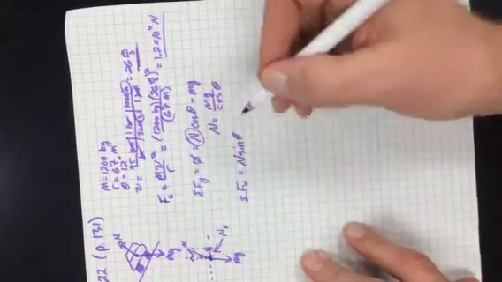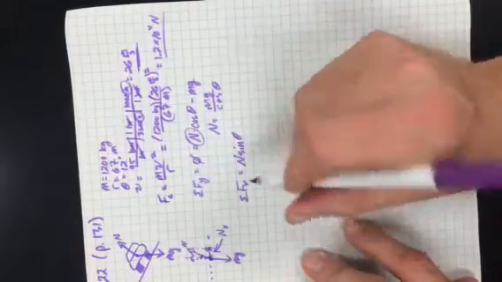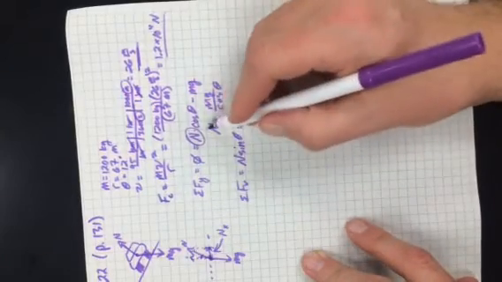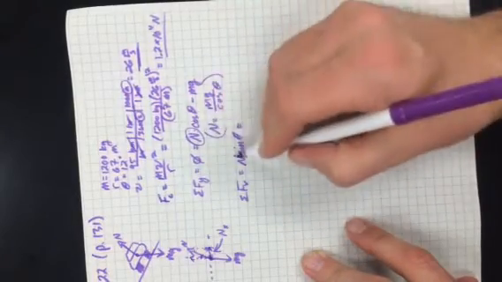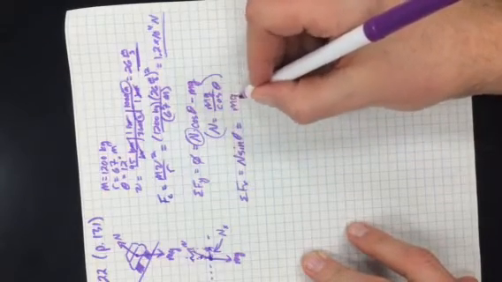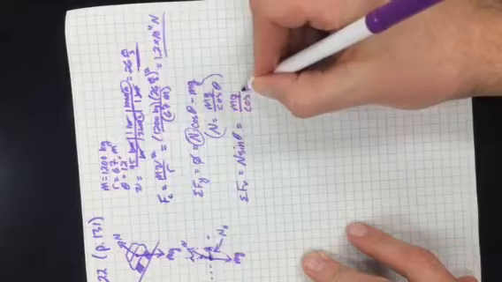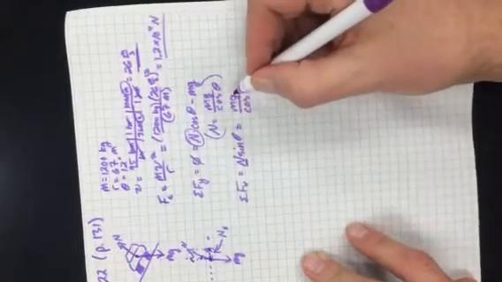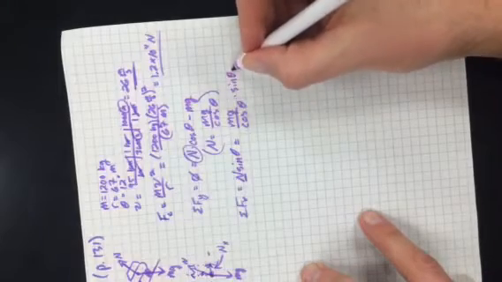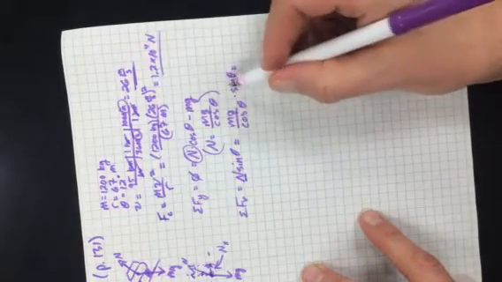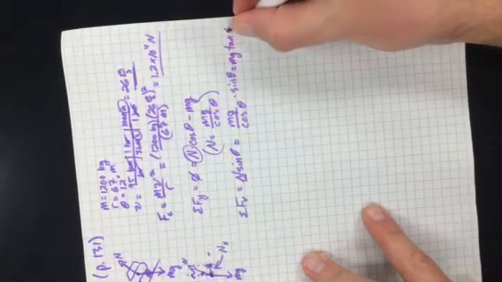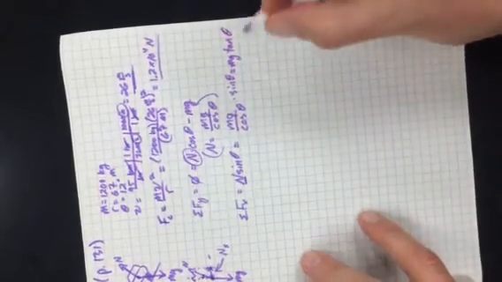In this case, that's the only force acting in that direction. Since I've already figured out the normal force up here, I'm just going to substitute that in, which gives me mg over cosine theta, because that's the normal force, times sine theta. Then using my trig identities, I have sine over cosine, so I can simplify that even farther to mg tangent theta.